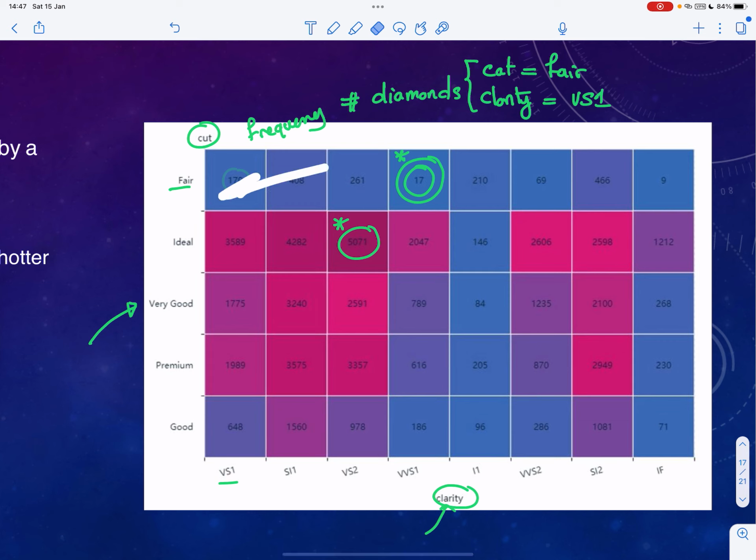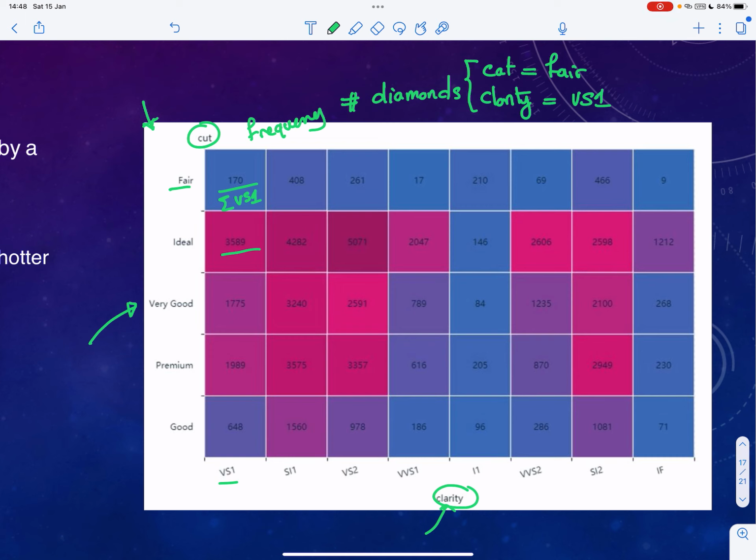Okay, there is one complication with heat maps. These numbers, in the simplest form, are frequencies, but they can be proportions. If you divide the 170 by the total number of VS1 diamonds, then you would have the proportion of VS1 clarity diamonds whose cut is fair, or the proportion of VS1 clarity whose cut is ideal.